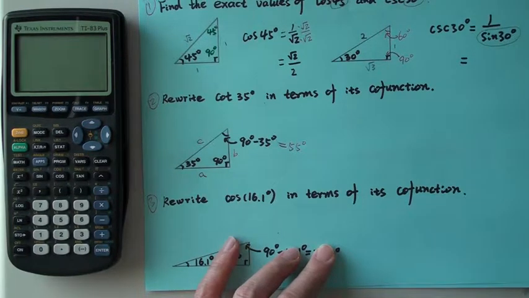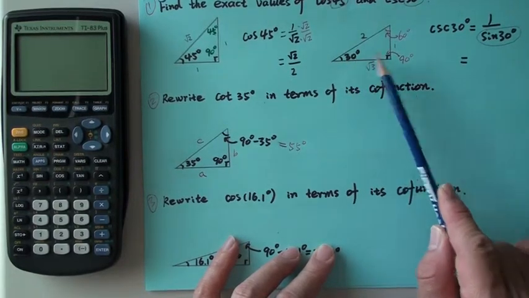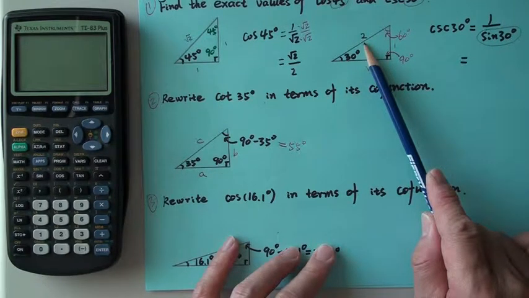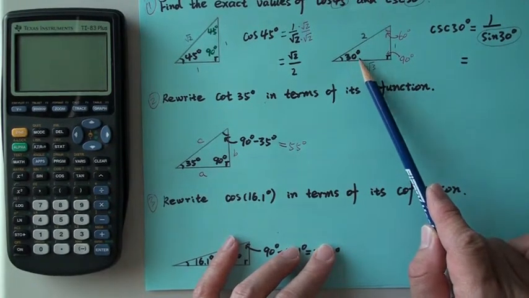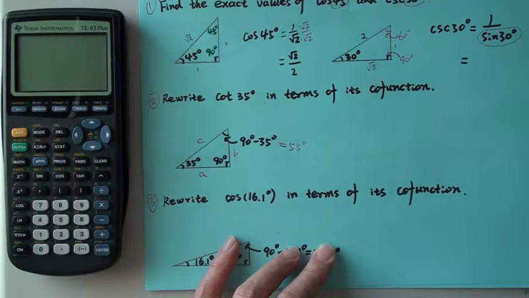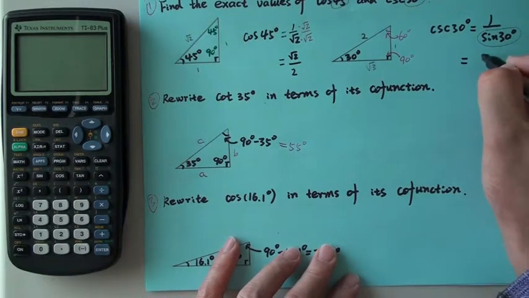Sine 30 degrees you always want to remember. You see, 30 degrees, and sine is 1 over 2. Sine 30 degrees is opposite side over hypotenuse, and then you put right here is 1/2. So 1 over 1/2.